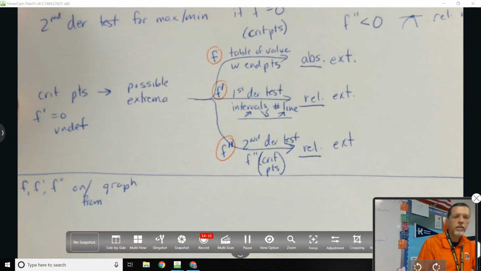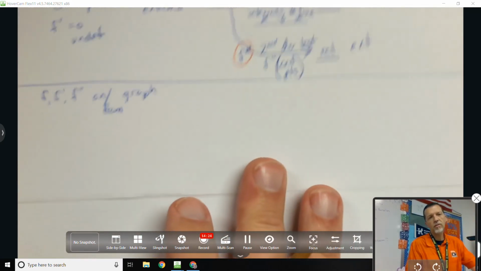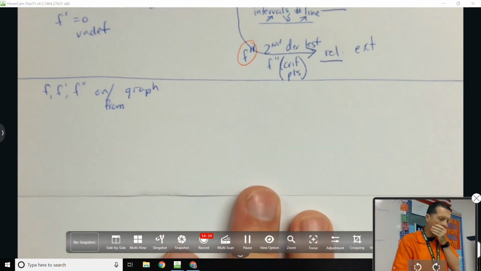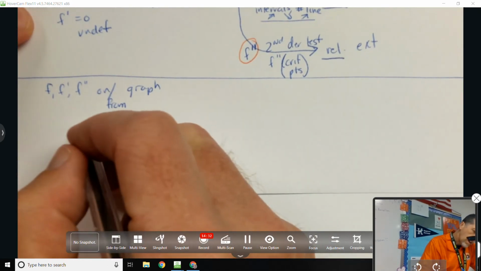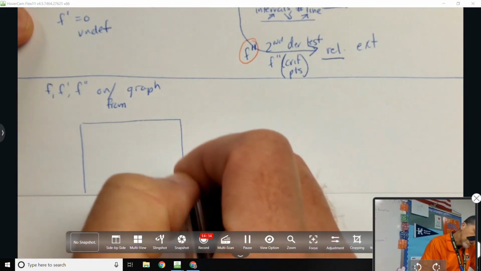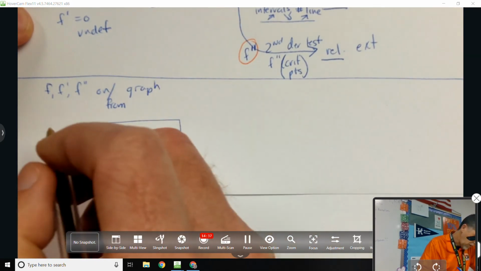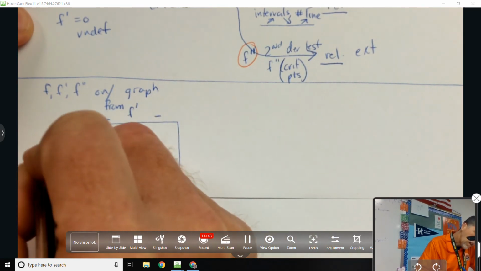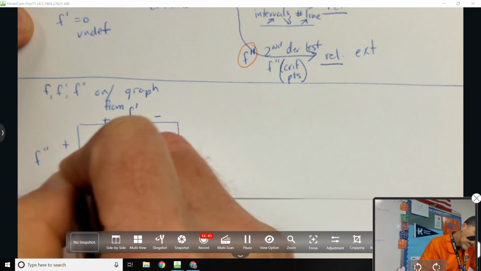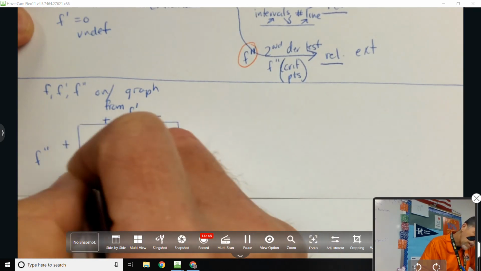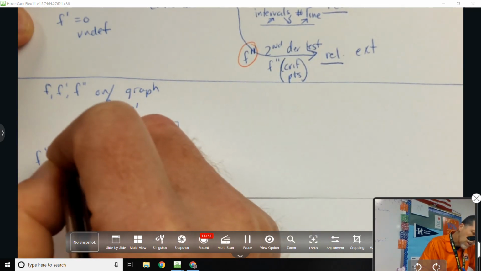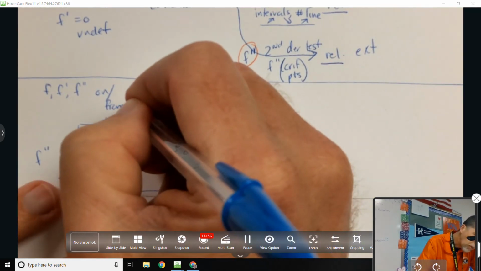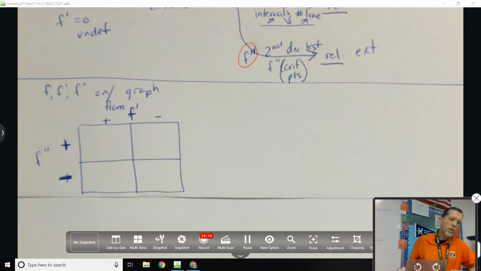And then lastly, we spent a couple days on f prime, f double prime, on a graph or from a graph, depending on how you want to phrase that. I'll do one last table here, and then I'll answer questions. So I got a table with f prime being positive and negative, and f double prime being positive and negative.